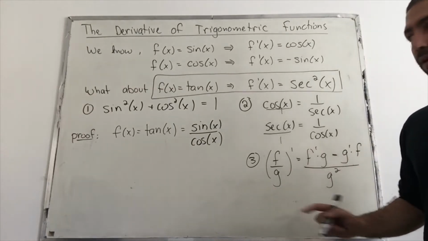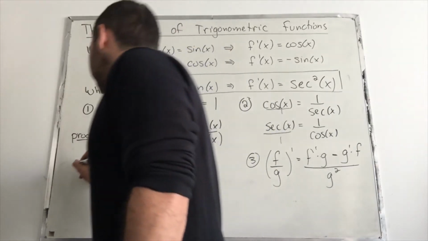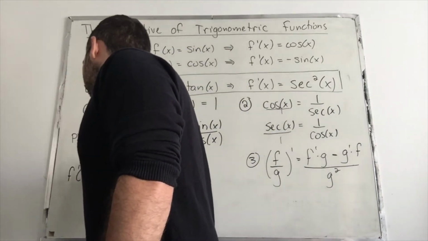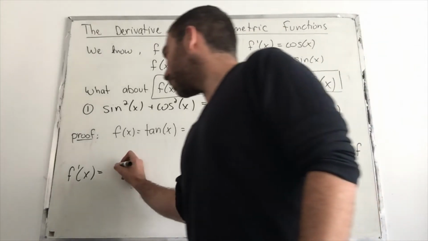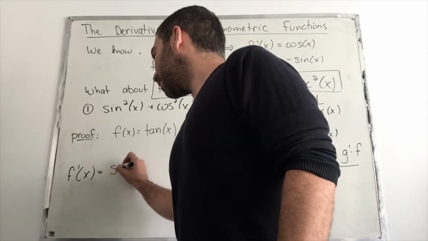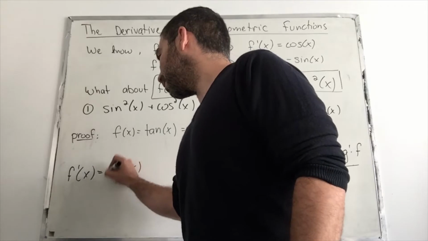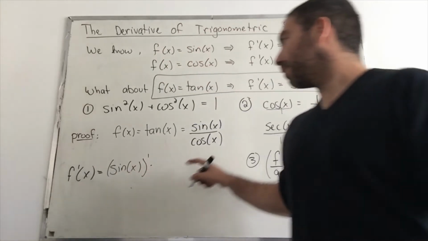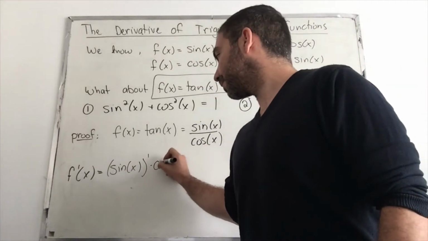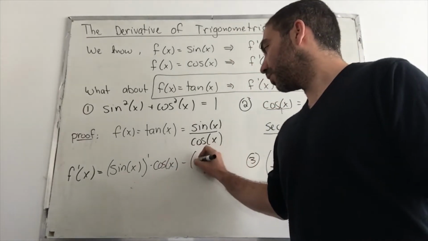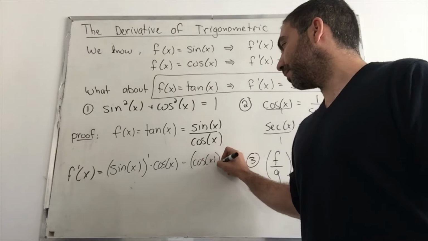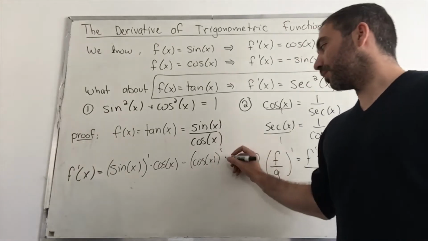And this is what we're going to do now. So this means that f prime of x is equal to the derivative of the top. I'm just going to write it this way: sine of x in brackets, prime, times the bottom, cos of x. We just leave it. Minus the derivative of the bottom, so cos of x prime times the top.